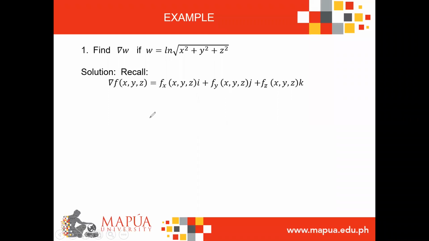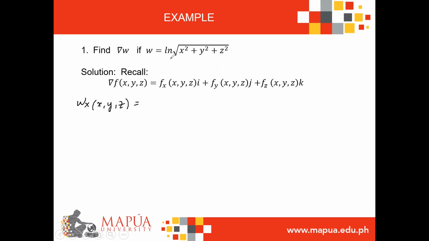So let's start with finding the partial derivative of the given function, which is w, with respect to x, evaluated at x, y, z. This is our function w.